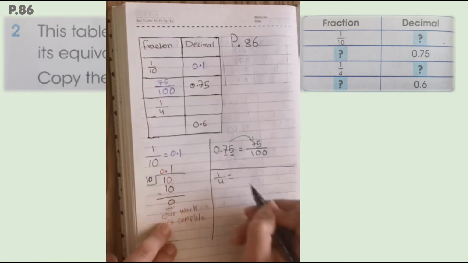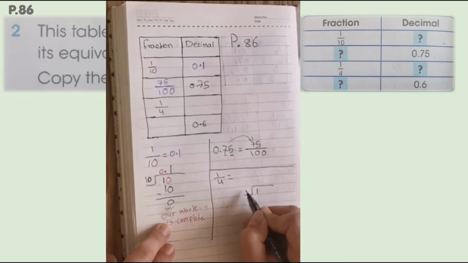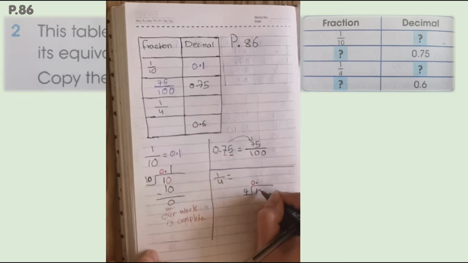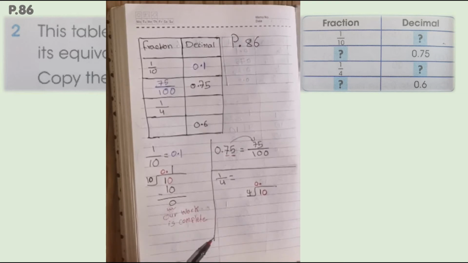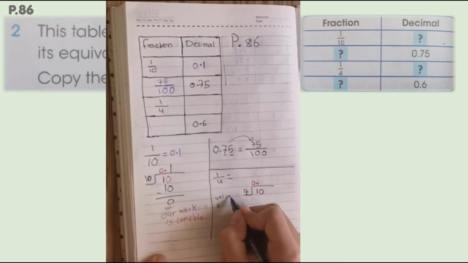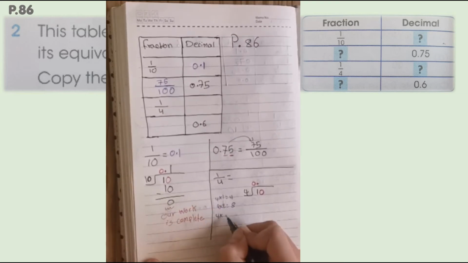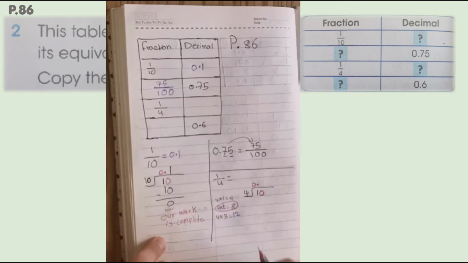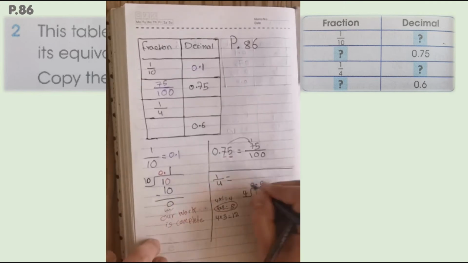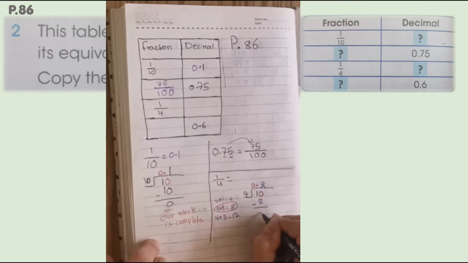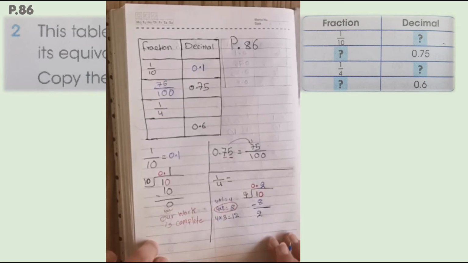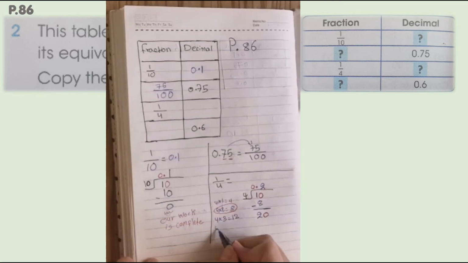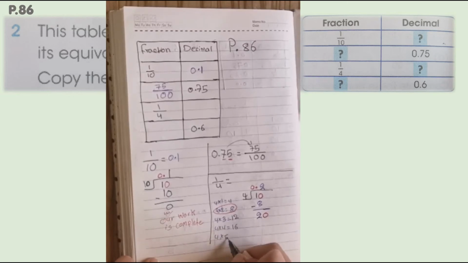Okay, 1 out of 4, we divide 1 by 4. We put the 0 and the decimal point and the 0 next to 1. We find the number closest to 10 in the multiples of 4. It is 2 times 4 is 8, and 10 minus 8 is 2. We add another 0 because 2 is too small.